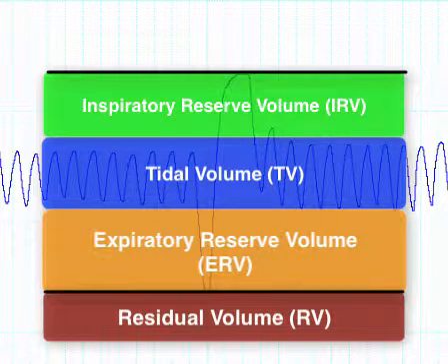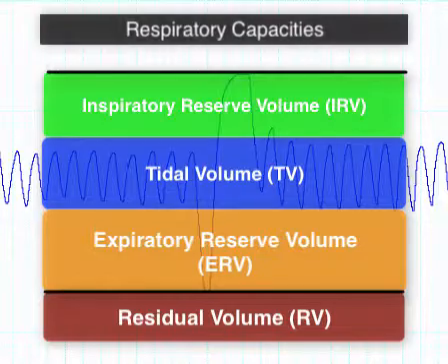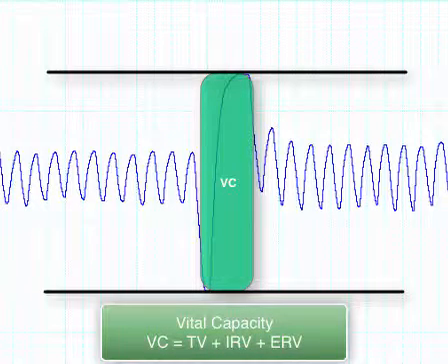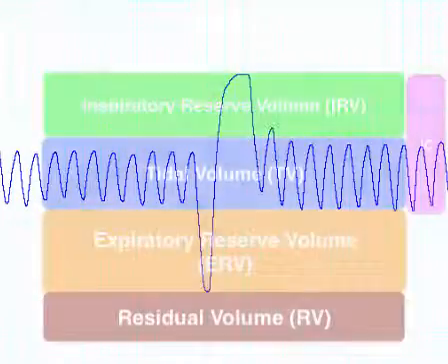Respiratory volumes can be combined to give respiratory capacities, providing information on an individual's respiratory status. Vital capacity, or VC, is the maximum volume of air we are able to inhale and exhale in a forced breath. Thus, this is the greatest volume that can be exhaled after maximal inspiration. This is a useful test of the ability to inflate and deflate the lungs.